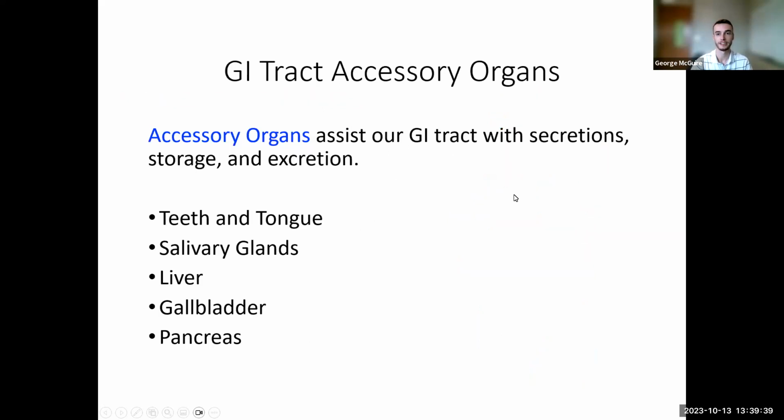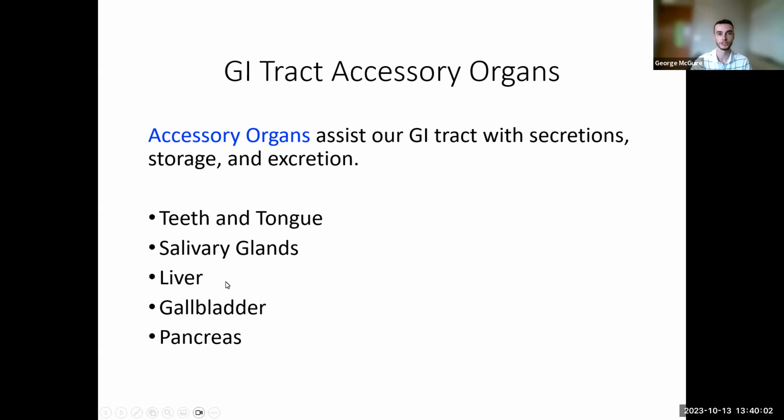We also have various accessory organs as a part of this GI tract. Technically your teeth and tongue are considered accessory organs. The salivary glands are what produce and secrete our saliva into our mouths. The liver and gallbladder work together to produce bile that will be secreted into our small intestine.